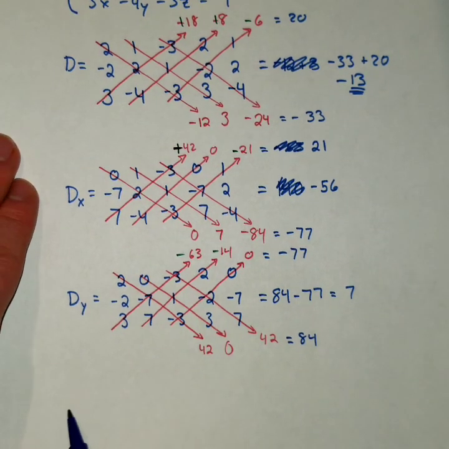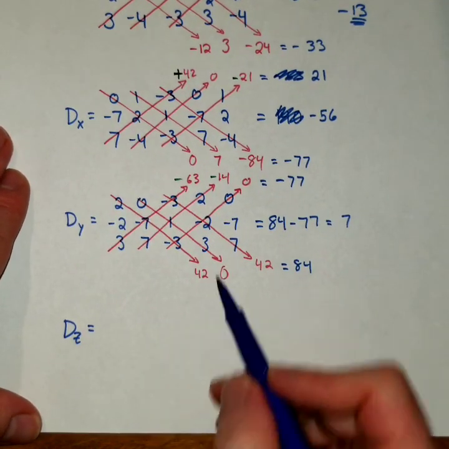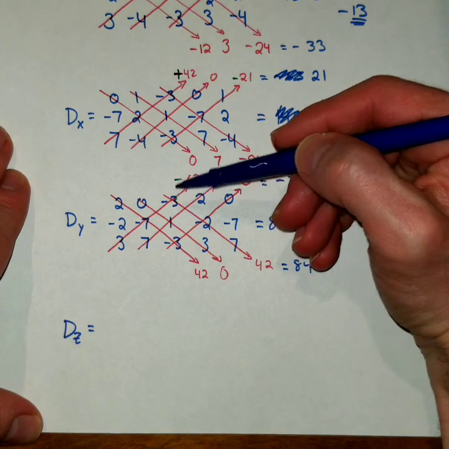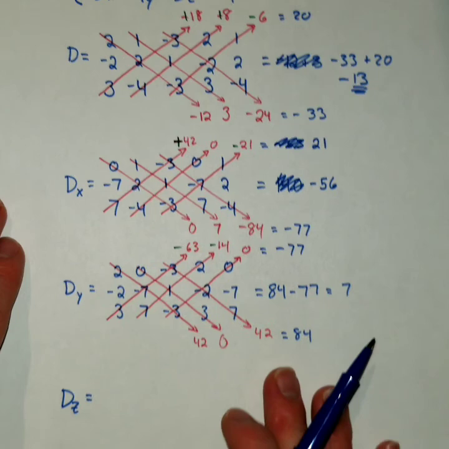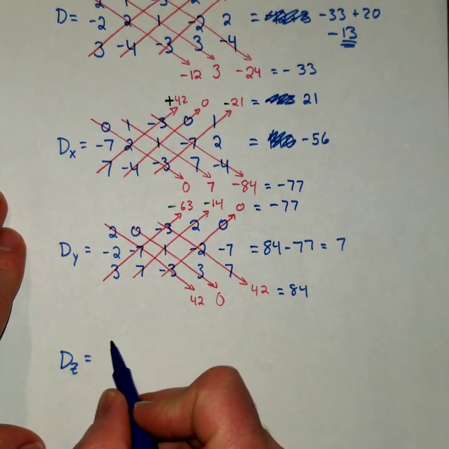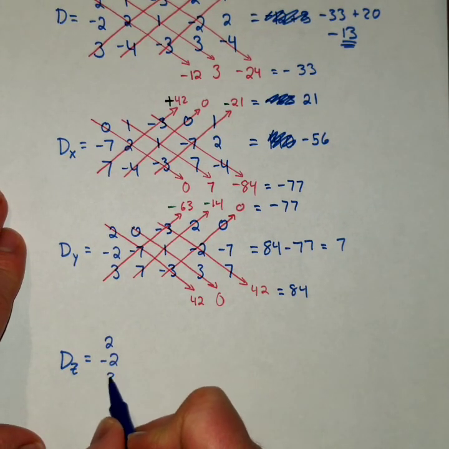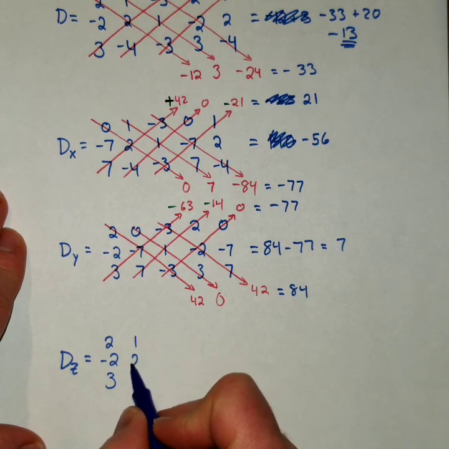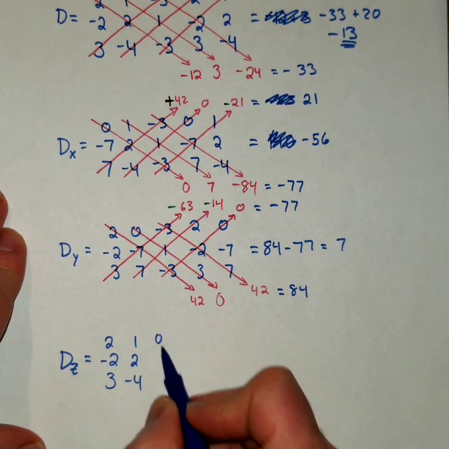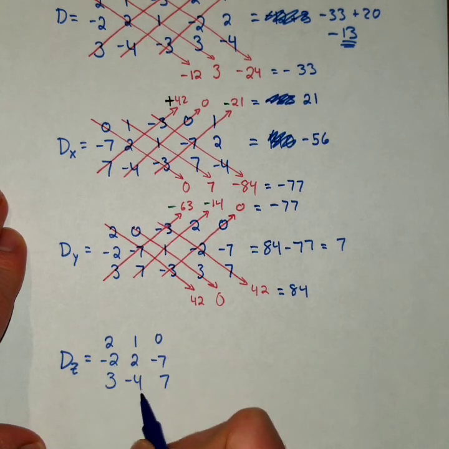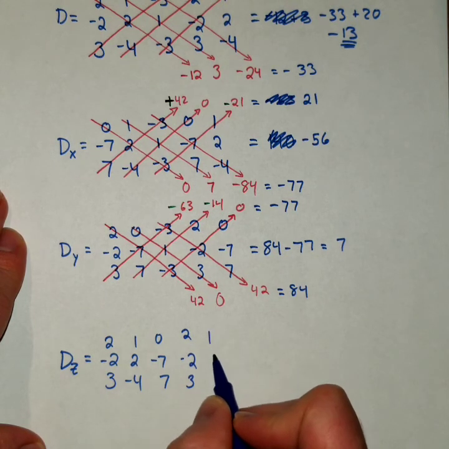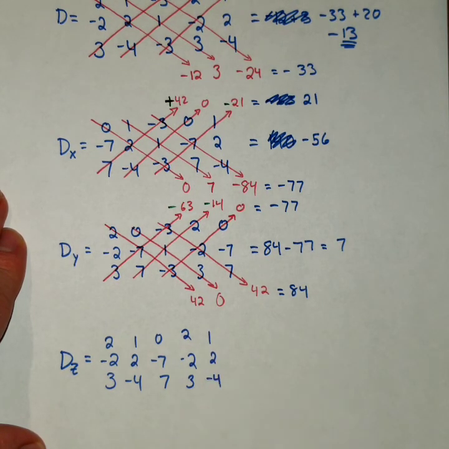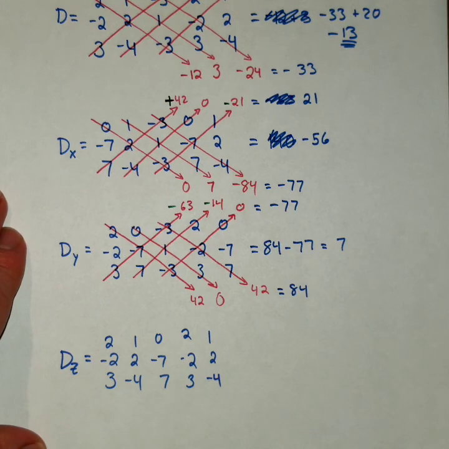And then finally the d sub z, I'm going to go through and calculate that, replacing the z column, which would be this column here, with the constants 0, negative 7, 7. So this one becomes 2, negative 2, 3, and then 1, 2, negative 4, 0, negative 7, 7, and then repeat the x and y columns. So 2, negative 2, 3, and 1, 2, negative 4. Hopefully I'm not missing any negatives again.